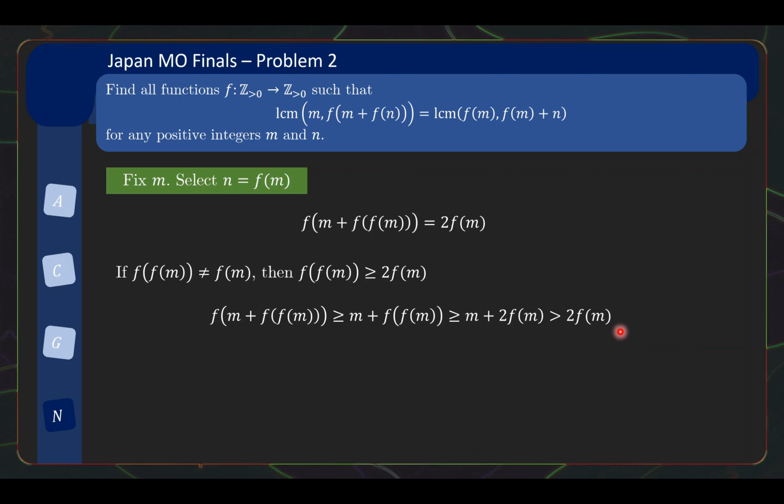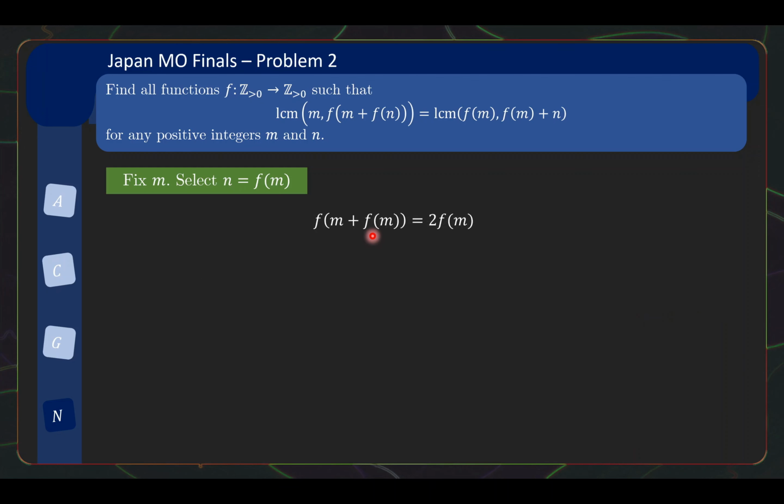So therefore we have reached a contradiction. Yeah, so it turns out that all the inequalities we observed earlier are really useful in getting this contradiction. So this means ffm equals fm, which is very good news because you can now simplify this to just a single f instead of double f.